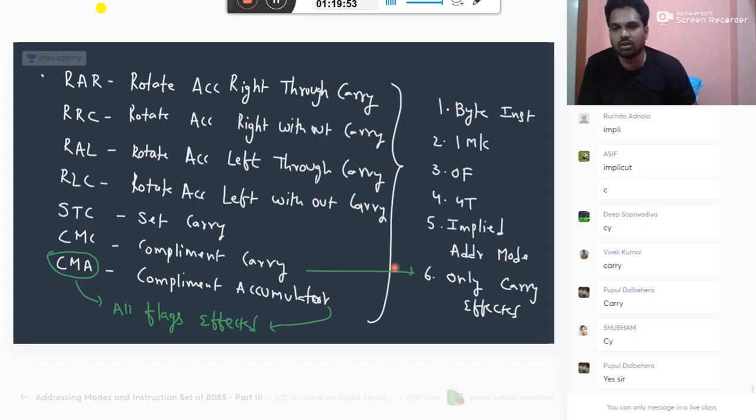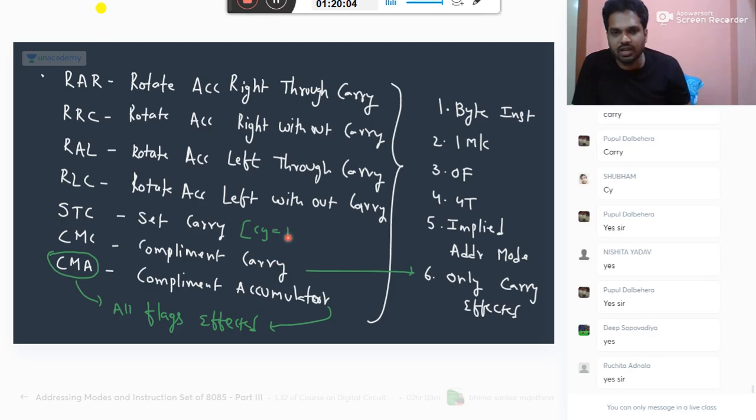Okay, shall we move? By this time you will be having some feeling like, I am able to understand this, but how to remember all these things?